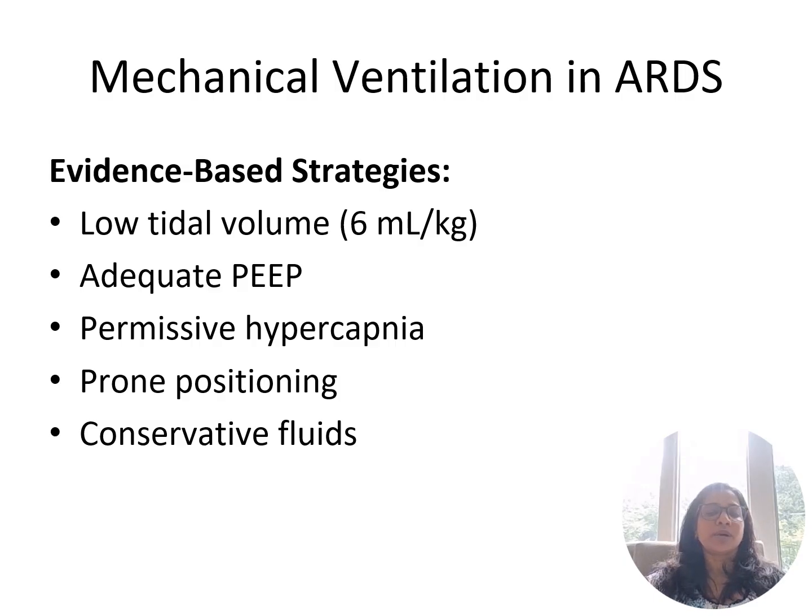We'll learn about positive end-expiratory pressure. That is what we were talking about initially. Even at the end of expiration, the patient has to have positive pressure in their airway so that it prevents the collapse of the lungs. So whenever we give artificial ventilation or non-invasive ventilation, we always have an inspiratory positive pressure and an expiratory positive pressure.